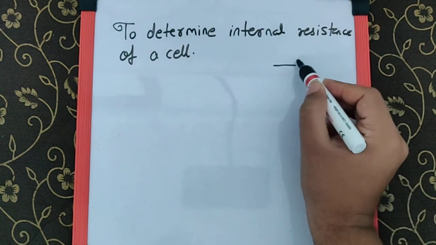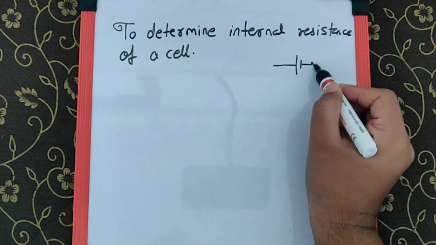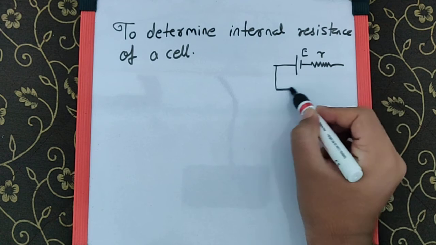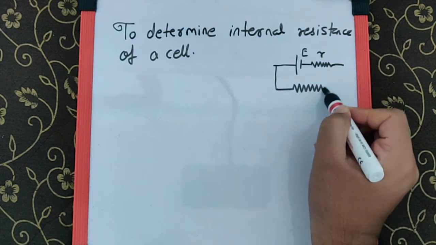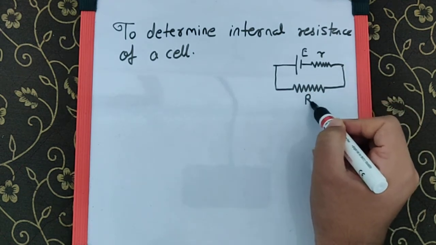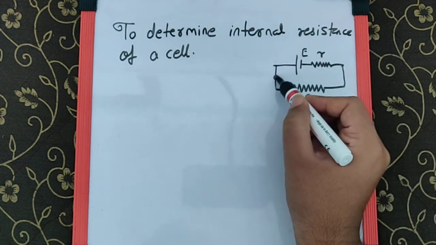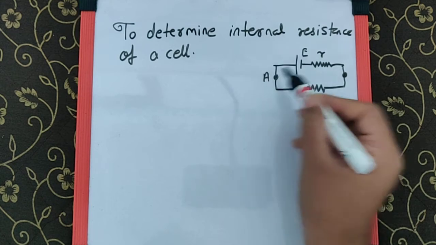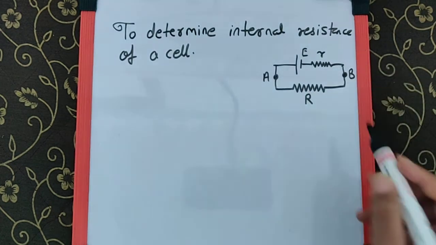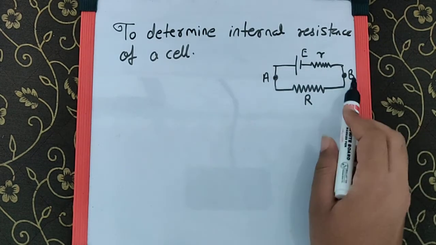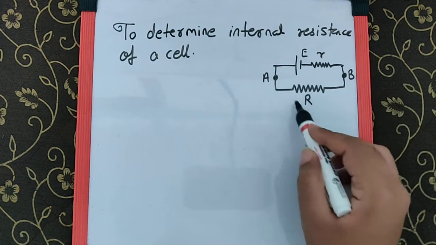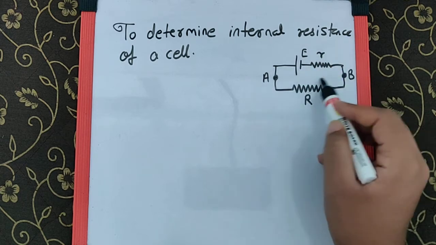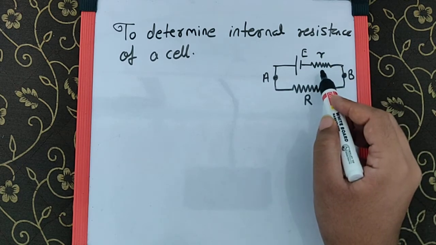So let's say there is a battery along with its internal resistance, and there is an external resistance connected to it. Let's call that resistance R. Now these are the 2 points, which we can call A and B. We can say the potential difference between A and B is nothing but the potential difference across the resistance, or across the 2 ends of the battery, which also includes internal resistance.